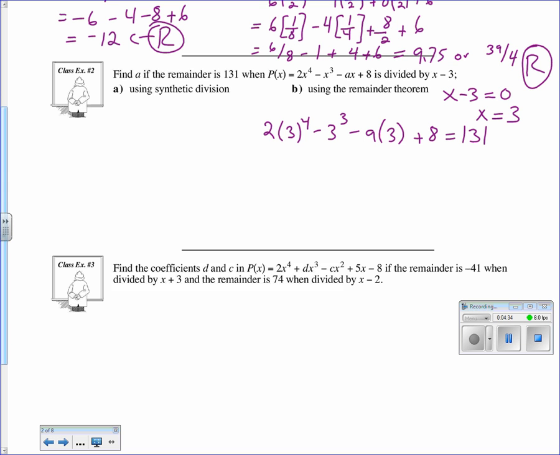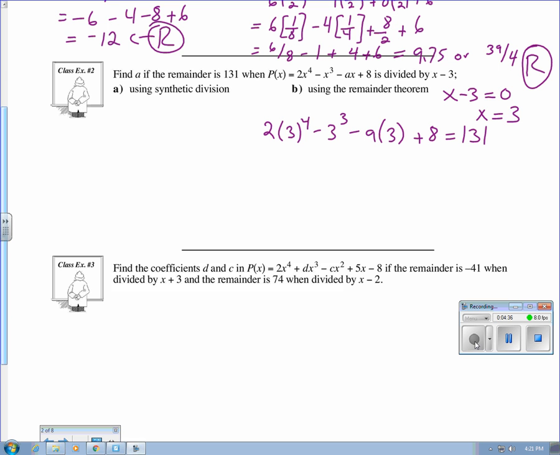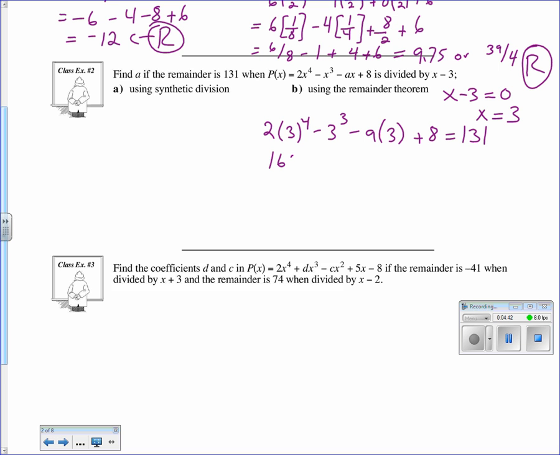Got a little bit of processing to do. So 3 to the 4 was 81, and then when I hit it with a 2, I get 162. 162 minus 27 minus 3a plus 8 is equal to 131.